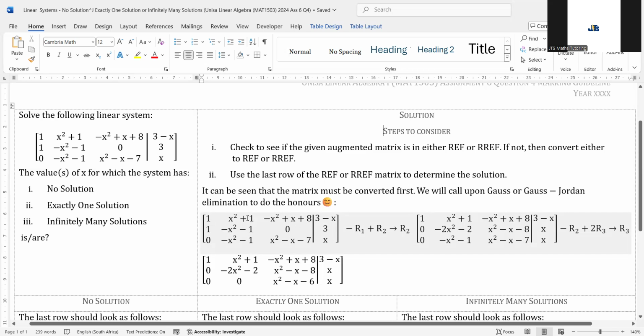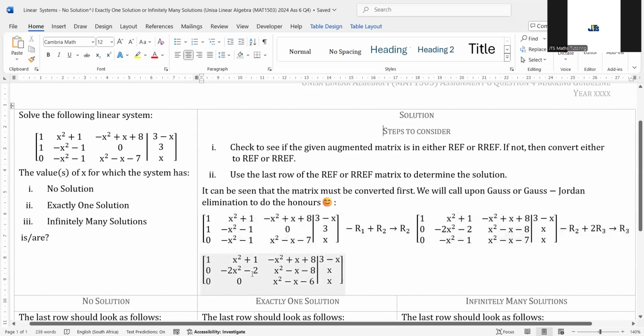Then minus this, you add it to what we have right here, it's going to give us minus 2x squared minus 2. Minus this whole thing here, plus this is going to give us x squared minus x minus 8. Minus this, what we have right here, add it to this 3 here, it's going to give us an x right here. Okay, beautiful. So we have our 0 where we want it to be.